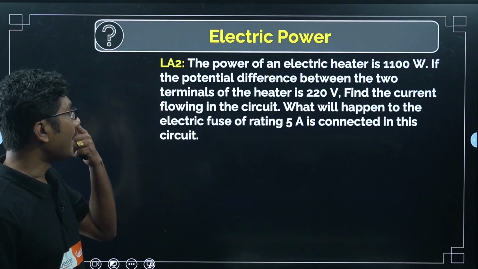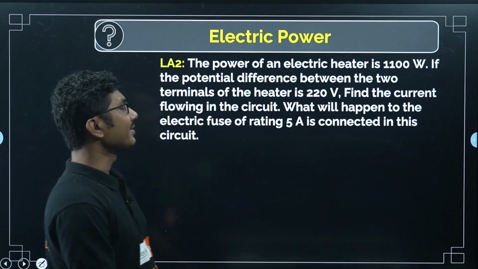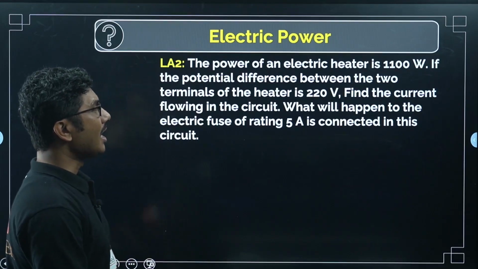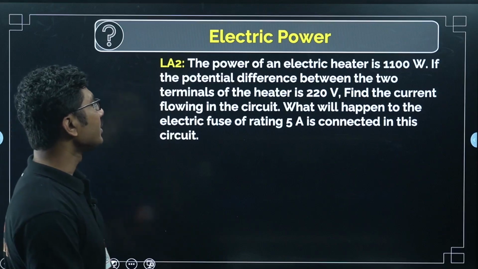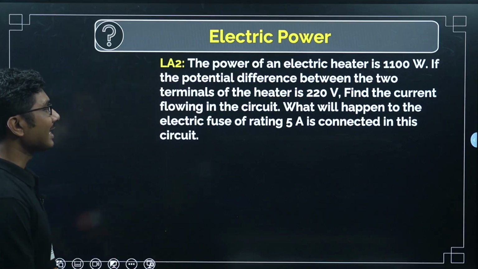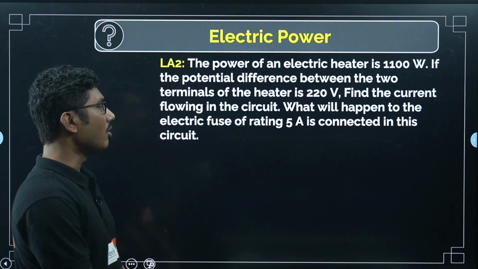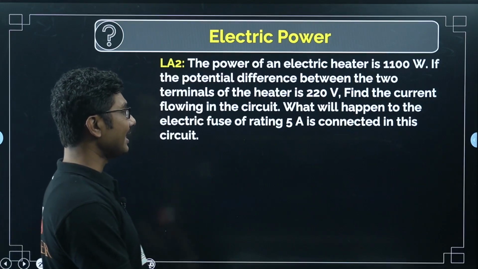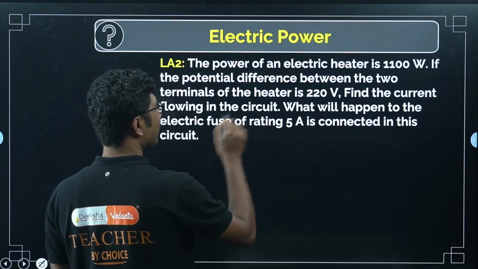Now, part 2 of the same question: the power of an electric heater is 1100 watt. If the potential difference between the two terminals of the heater is 220 volt, find the current flowing in the circuit. What will happen if an electric fuse of rating 5 ampere is connected in this circuit? So first we have to find the current flowing in the circuit.